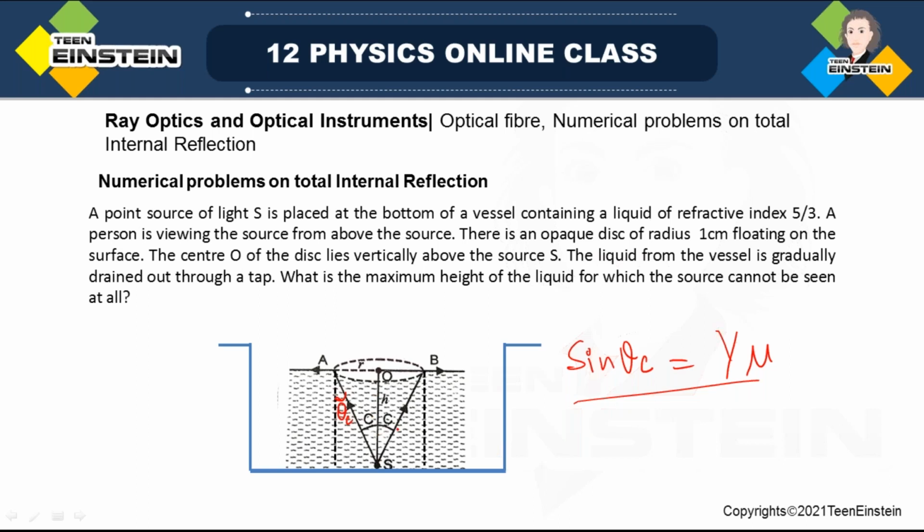Using that geometry, we have to find a relation between mu, r, h, etc. We will find the relation between all those parameters, and thereby find the height up to which it cannot be seen.